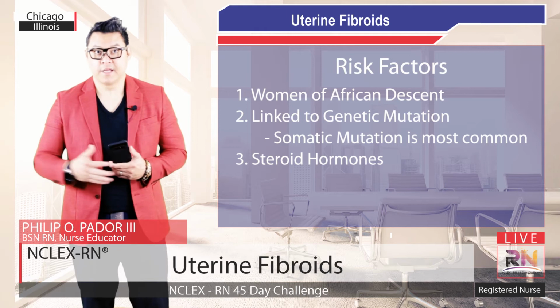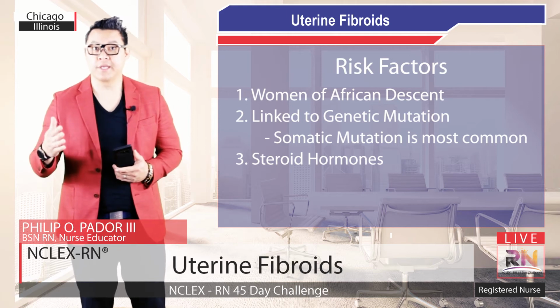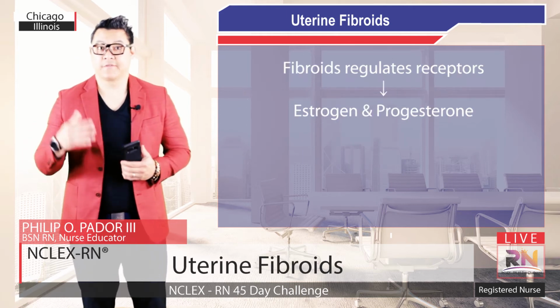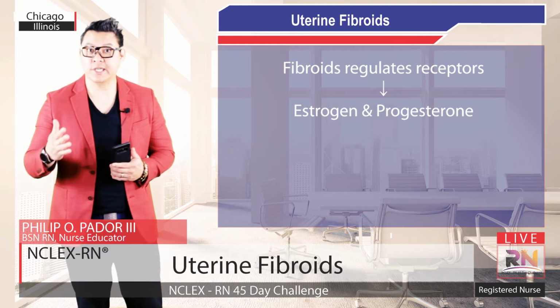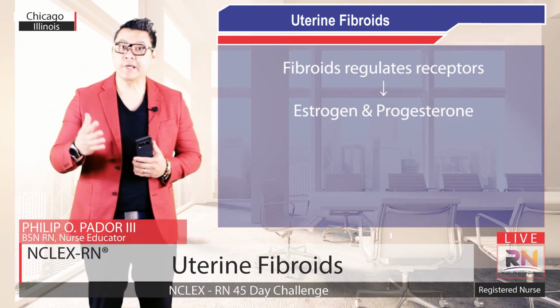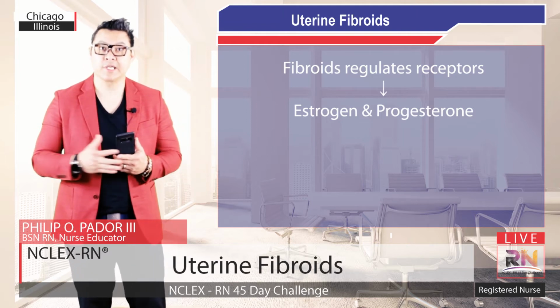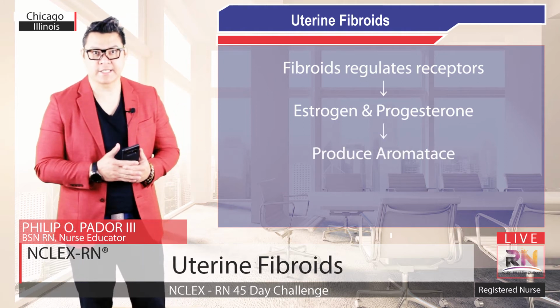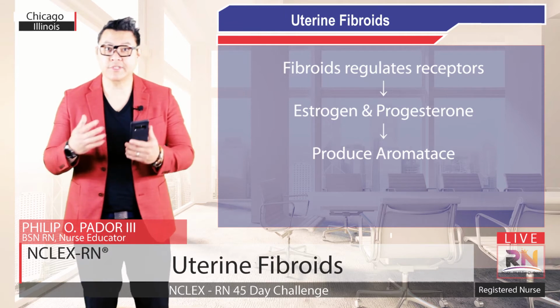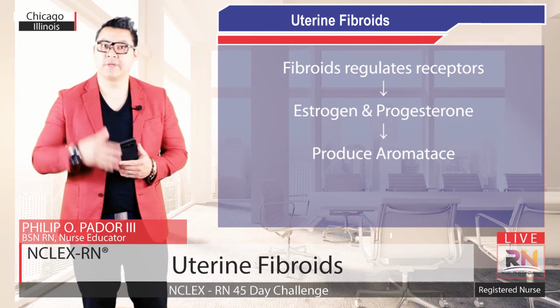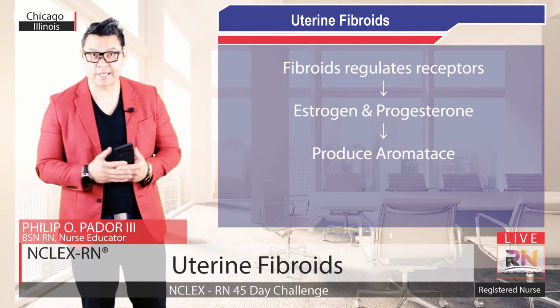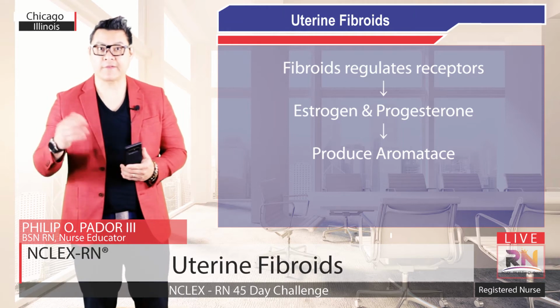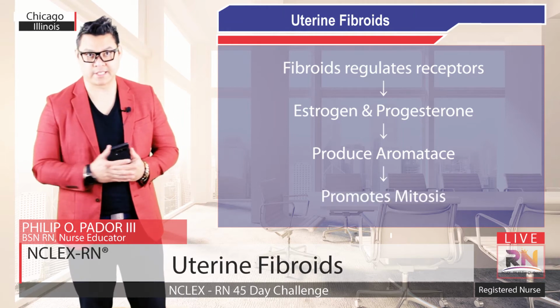Another factor in fibroid development is steroid hormones. Fibroids have a love affair with estrogen and progesterone. So fibroids upregulate their receptors for these two hormones and also produce a lot of aromatase, an enzyme that converts androgens into estrogens. When these hormones bind to the smooth muscle cells, it has a mitogenic effect, meaning it promotes mitosis.